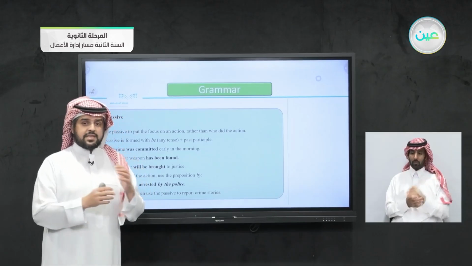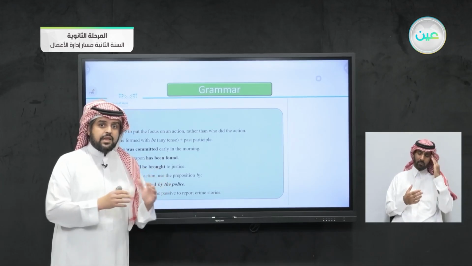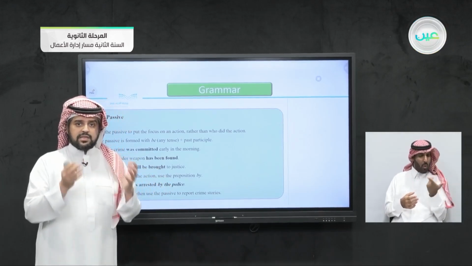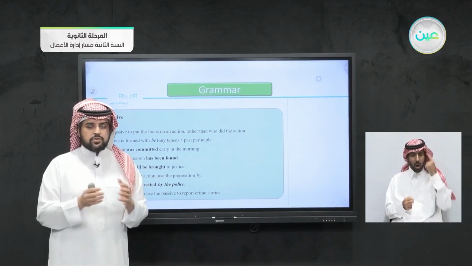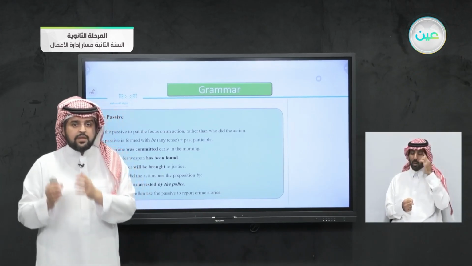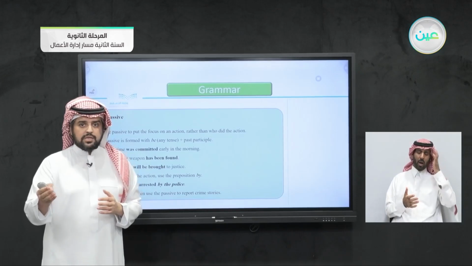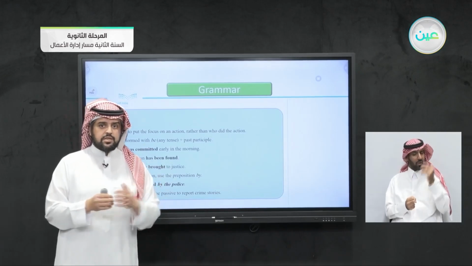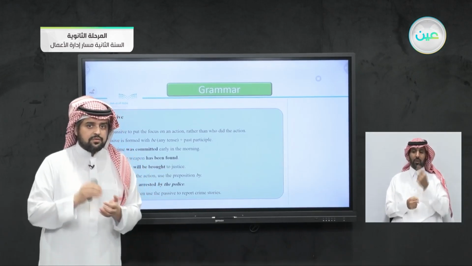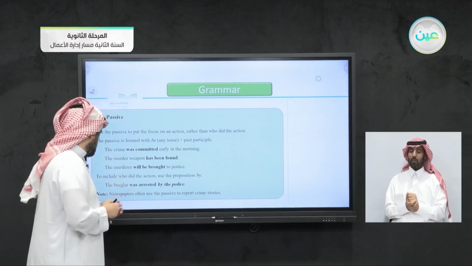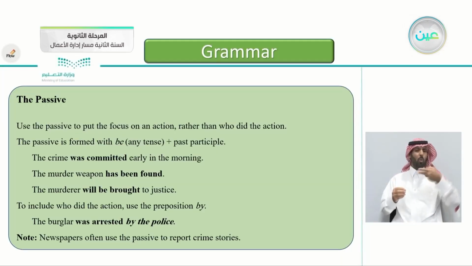There's a misunderstanding that we use the passive if we don't know who did the action. No, we choose the passive just to focus on the action itself. It doesn't matter if we know who did it or we don't. To include who did the action, if you want to add more information, we use the preposition by.